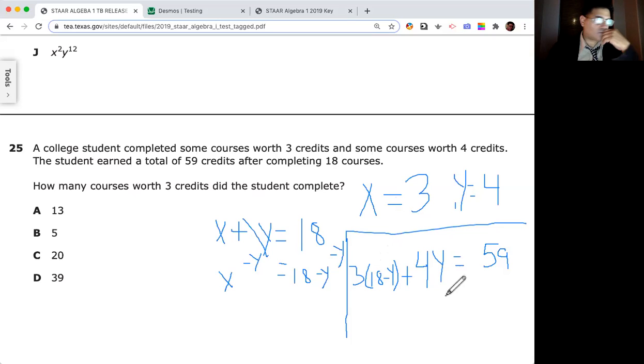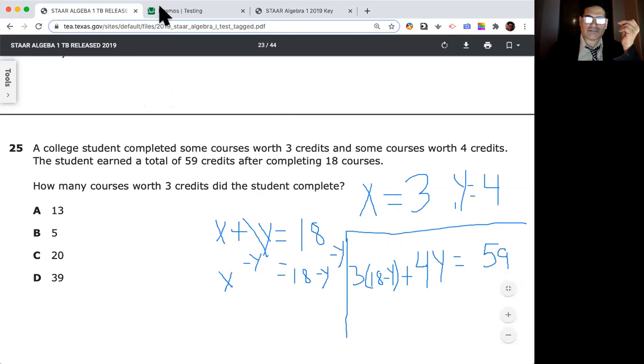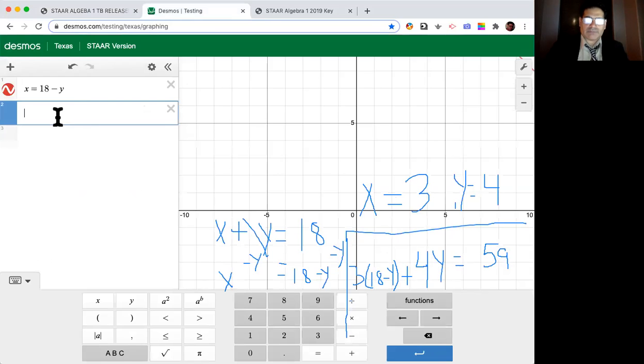All right, so make note to myself, 3 times 18 minus y. That's the value of x.